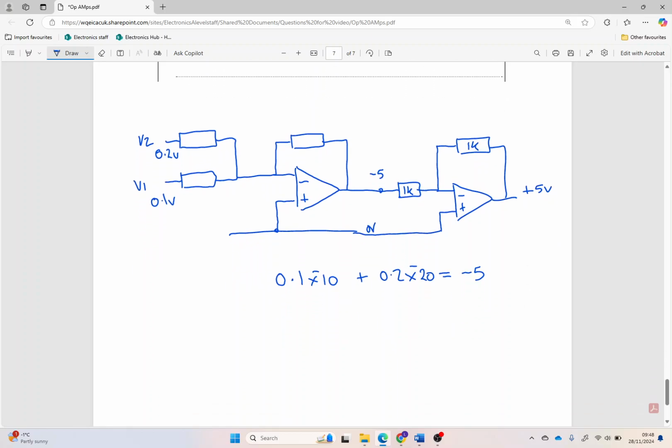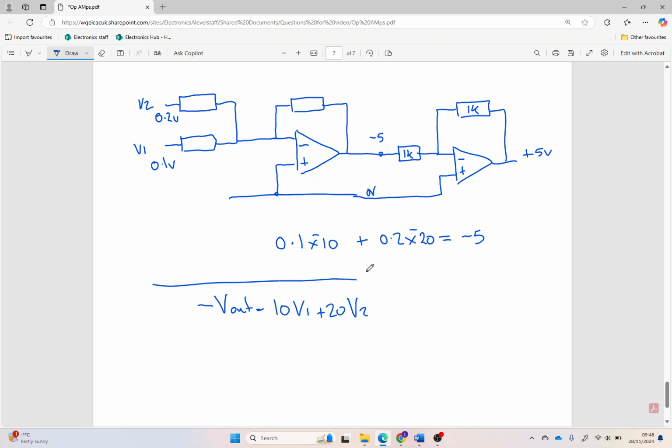If you want this expressed in another way, for the first half of this circuit, this part here, then effectively what we've got is minus Vout equals 10 times V1 plus 20 times V2. So you could be asked to produce that type of circuit.